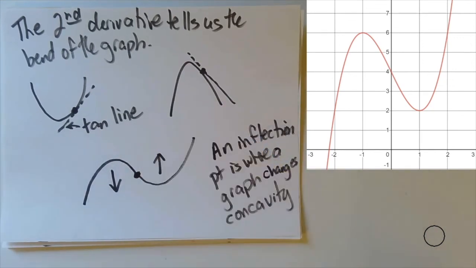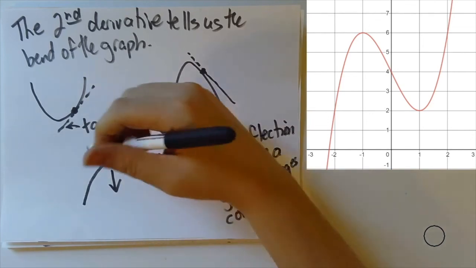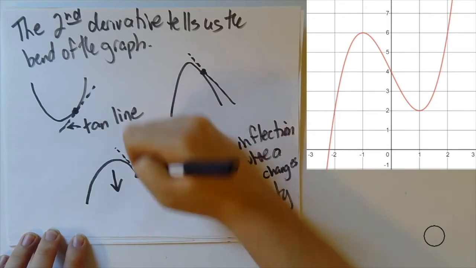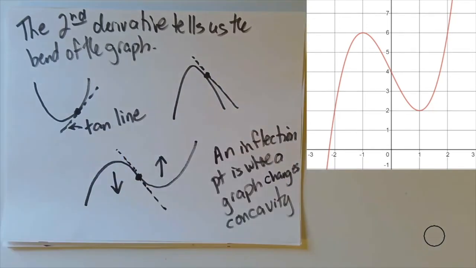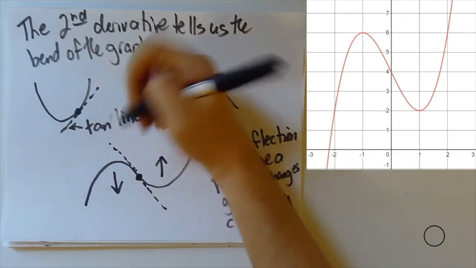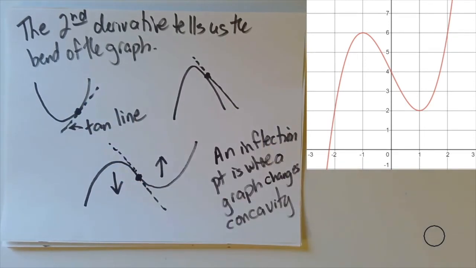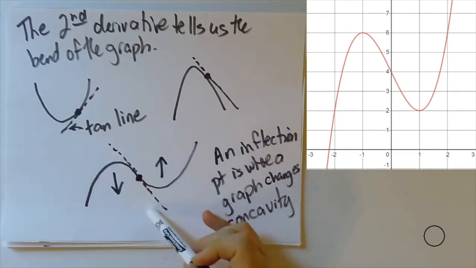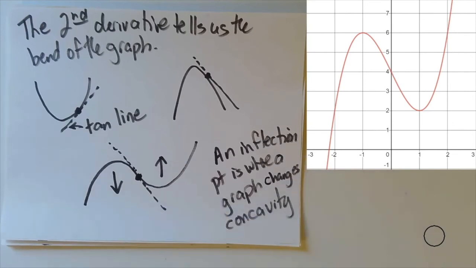I want to point something really special out about inflection points. If you draw in the tangent line at an inflection point, it's always going to be the case that at that point, the tangent line crosses the graph, meaning it's above the graph to the left and below the graph to the right, or vice versa.